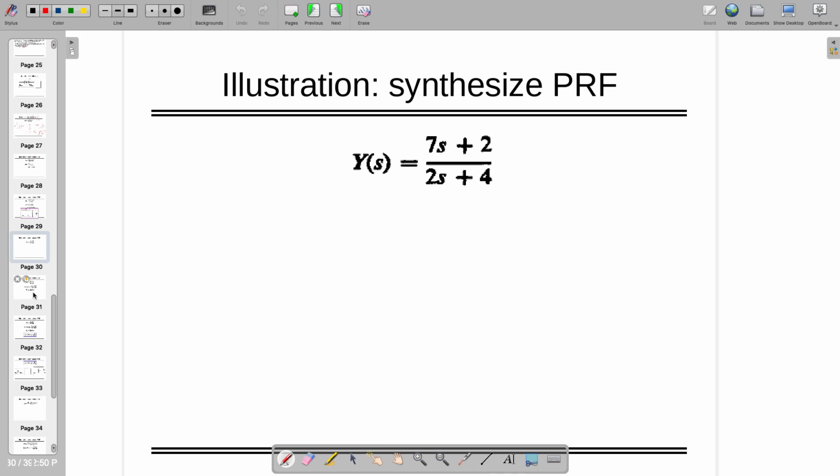Now, can you synthesize this one? Look at this. This is admittance function, not impedance function. It's admittance function. So in the entry you can see that there is no pole at origin. This is unfortunate. There is no 0 at origin. And numerator and denominator, the degree is same.